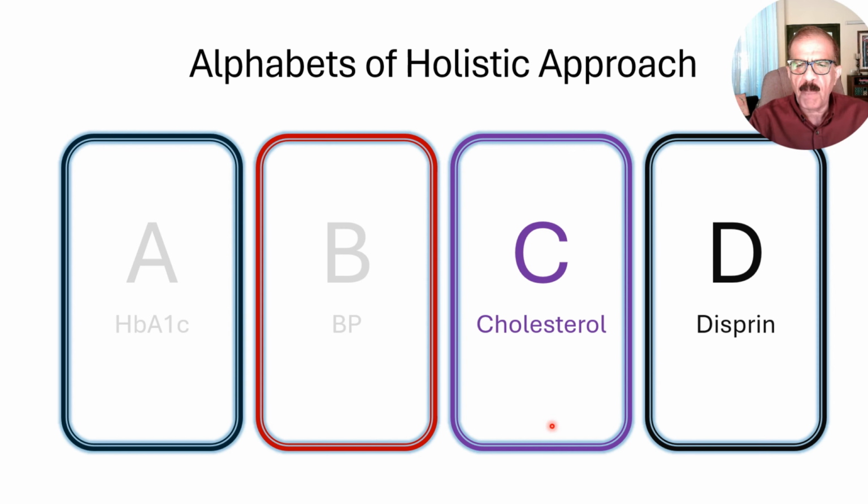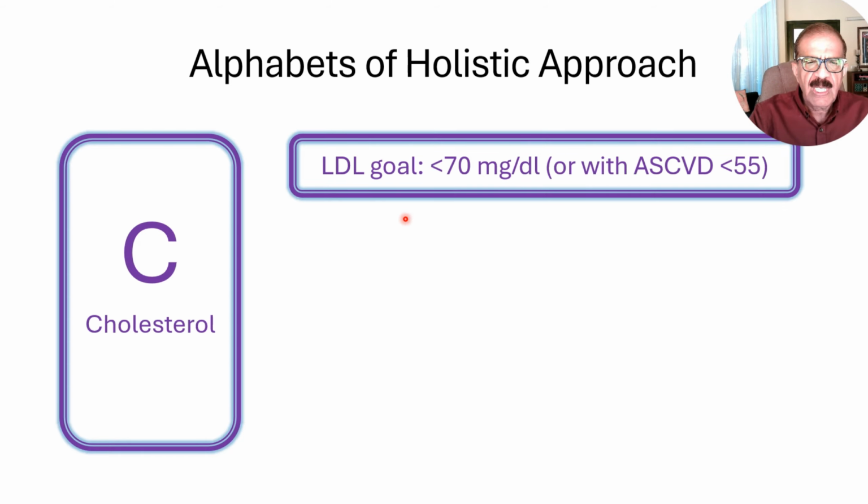Now the third component of this alphabet approach is cholesterol. In cholesterol, we have many agents available. Let's first talk about the goal. Now in normal individuals, if we read the report of cholesterol, LDL of less than 130 is considered okay.